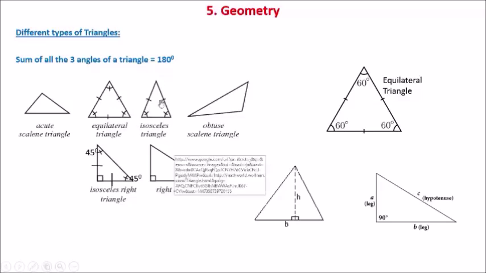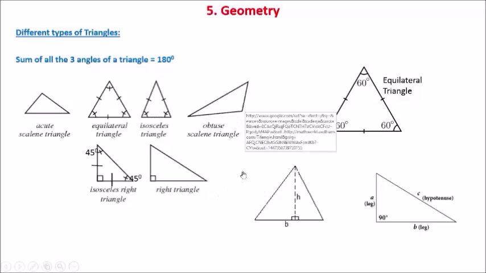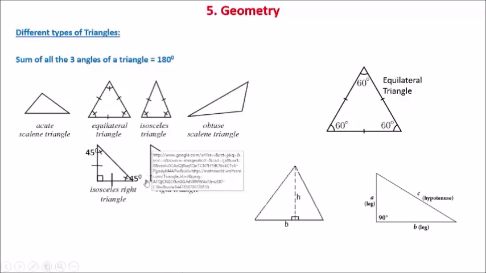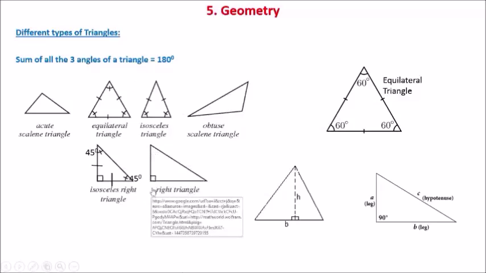Isosceles triangle means that two sides are equal and then the opposite two angles are also equal, okay? Obtuse scalene triangle means that one angle is an obtuse angle, more than 90 degrees, and all three sides are not equal. That's called obtuse scalene. Right triangle means that one angle, like this, you've got like an L, right? That is exactly 90 degrees.